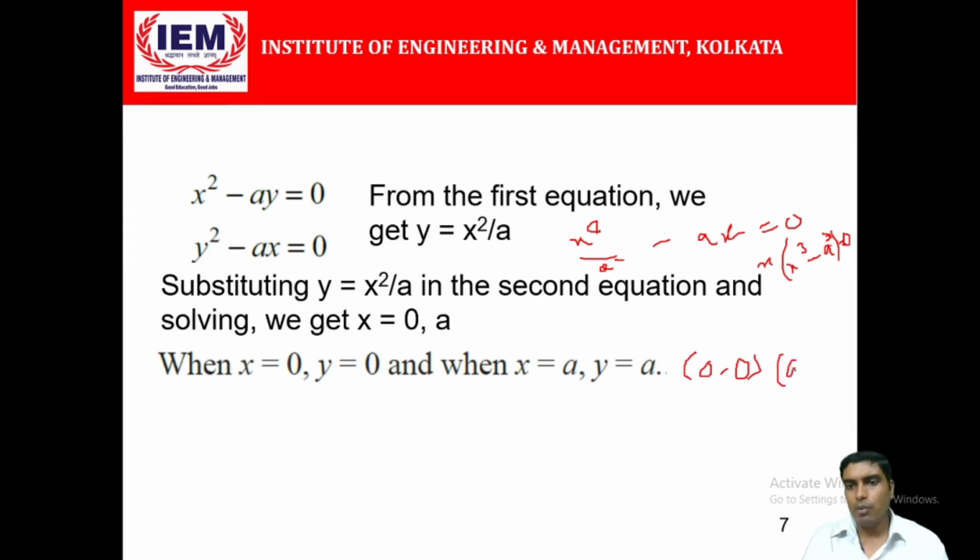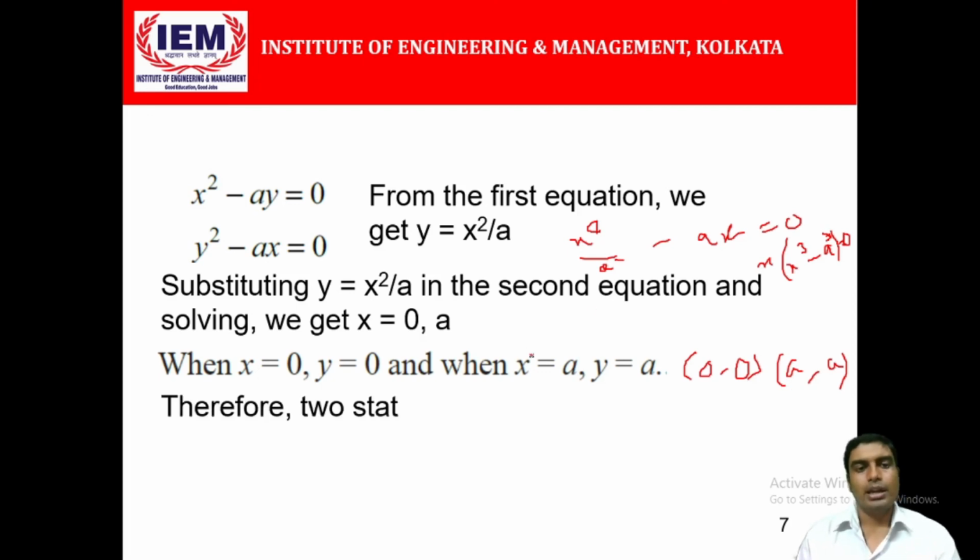Now at these points, I have to see where we can have the maximum value, where we can have the minimum value, and where we can have neither maximum nor minimum value, that is called the saddle point. So we have to find the higher order partial derivatives that we already found.